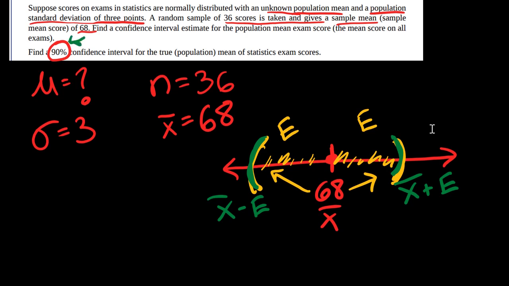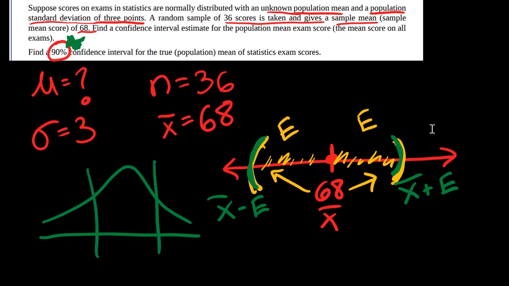Let me draw this out. If we have our confidence interval and 90% is in the middle because we have a 90% confidence interval, then alpha is the amount that's left over for the tails. So alpha is equal to 1 minus whatever the confidence level is.